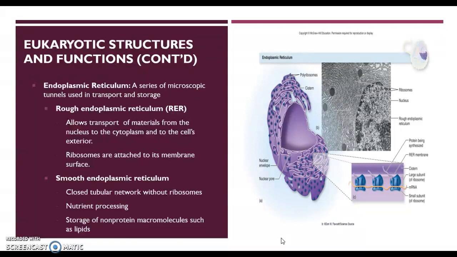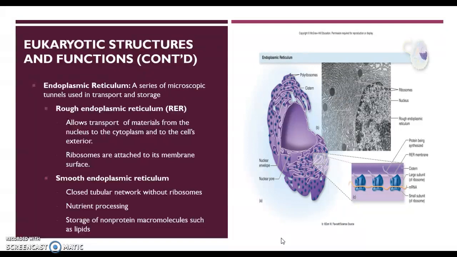And those ribosomes attached to the membrane of the rough ER are constantly interpreting the message in messenger RNA and synthesizing proteins that are then transported within this membrane network of the rough ER.